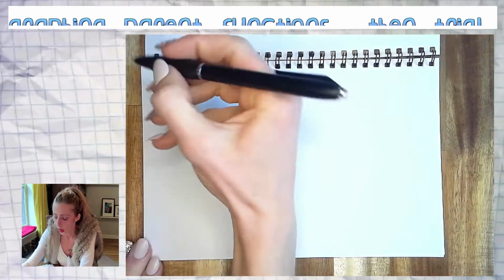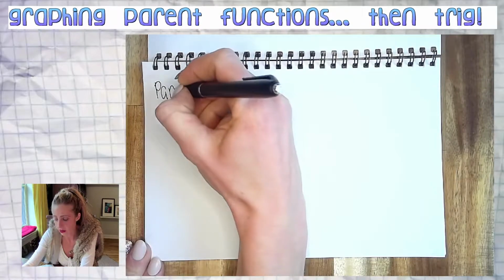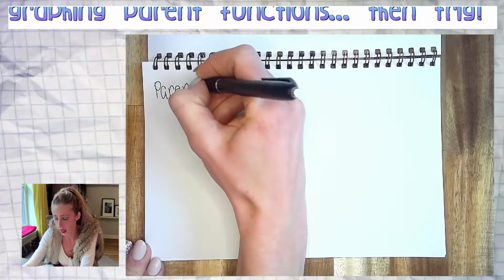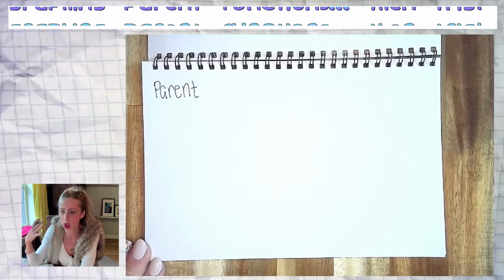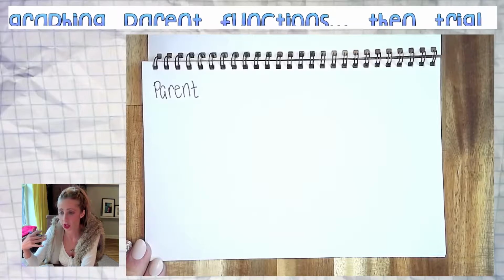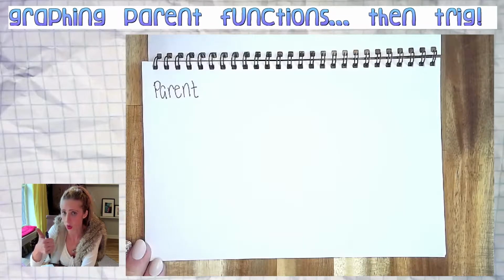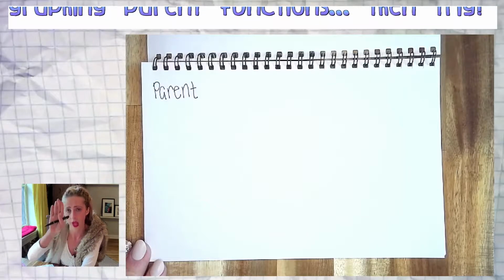Now, when I draw a parent function, remember the parent function is the version of the equation with no special transformations applied to it. Transformations include translations or shifts, horizontal or vertical, moving it left, right, up or down.